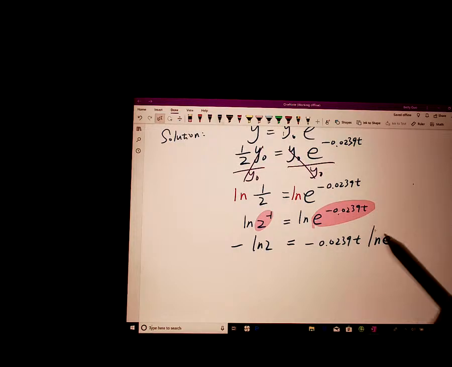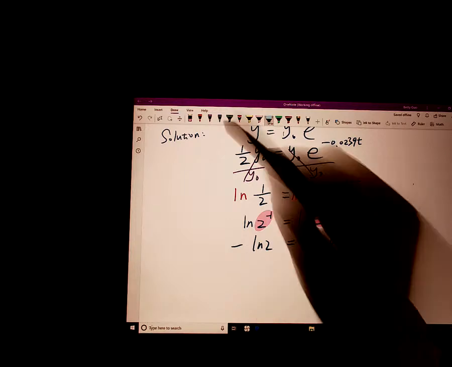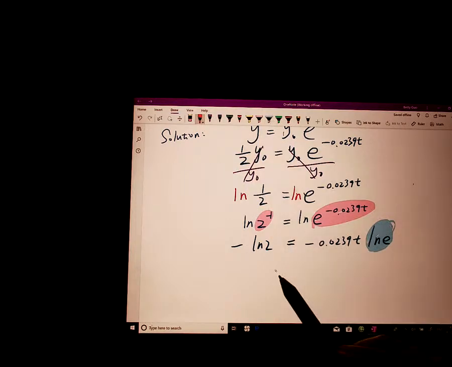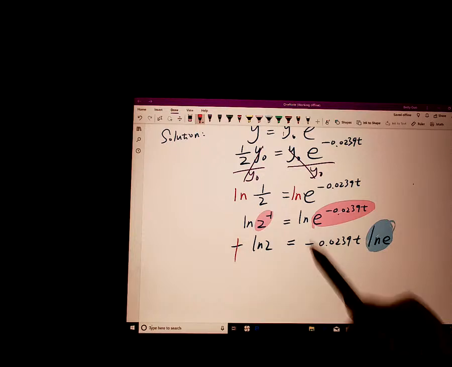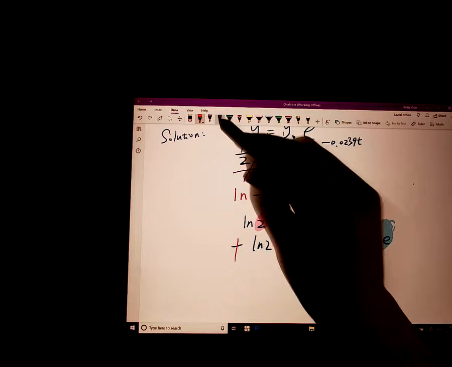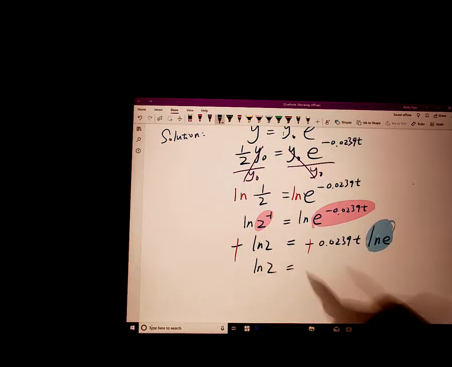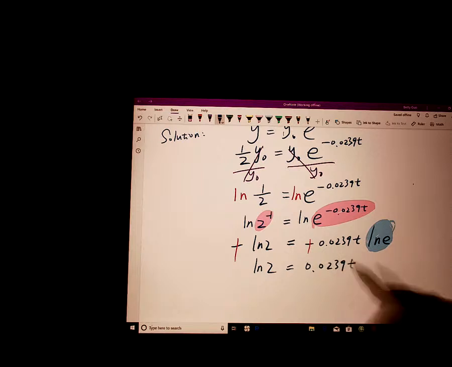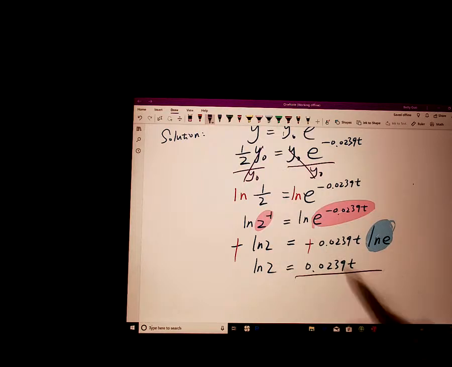By the way, what is ln e? Again, ln e is 1, so we have 1 here. Also, both sides are negative. If I multiply both sides of the equation by negative 1, I change both sides to positive. So here we have ln 2 equals 0.0239 t. We are solving the equation for t, right?